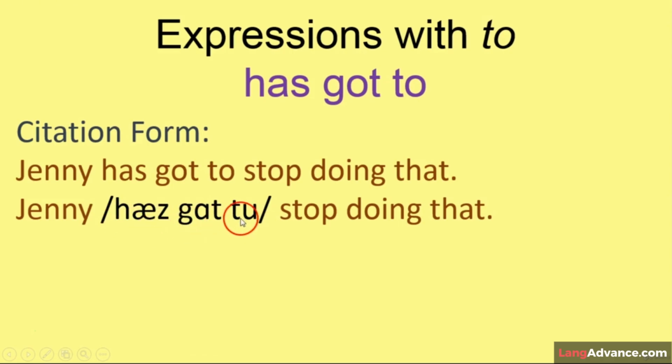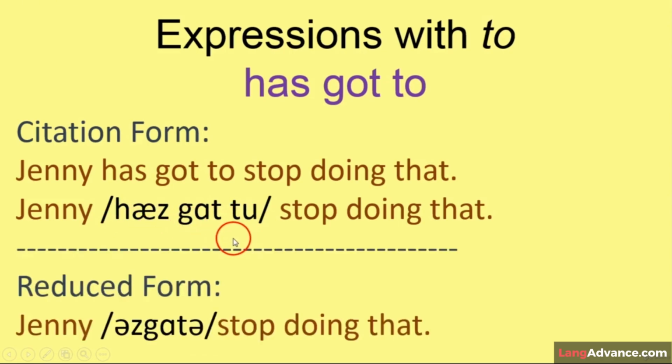Has got to. But in reduced form, has becomes us with the schwa, which sounds like us. And we combine that with got to, but instead of the oo in to, we say a schwa, and we make the t sound.